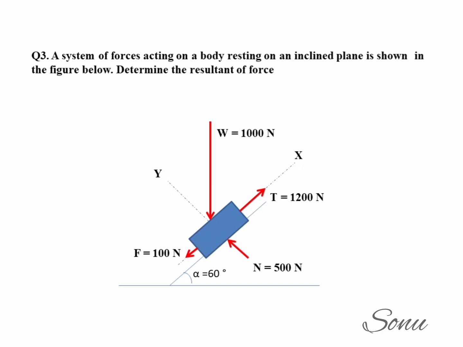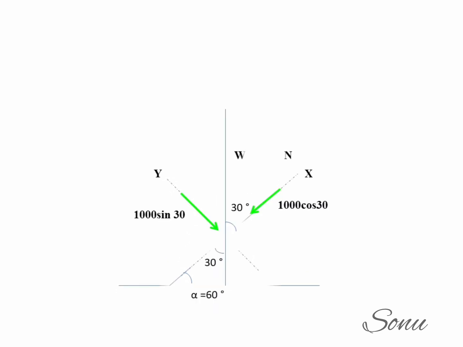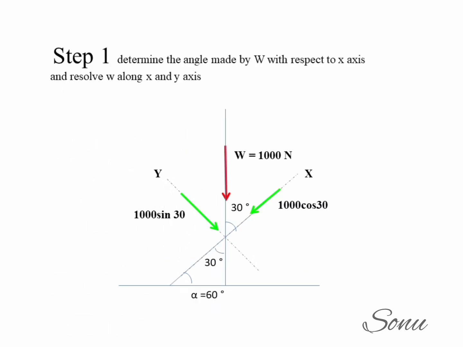This W, that is the 1000 Newton force, is acting at an angle with respect to the x axis, or you can see it with respect to the y axis. So let's first find the angle made by W with respect to the x axis and resolve W along the x and y axes.